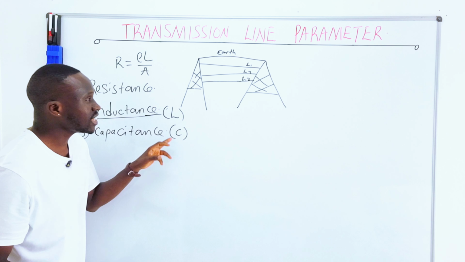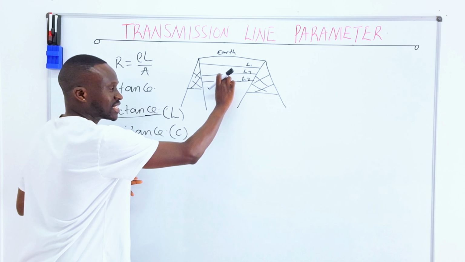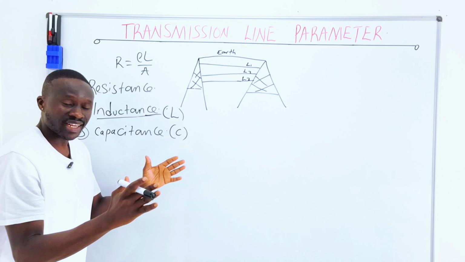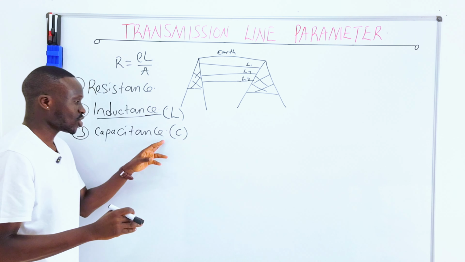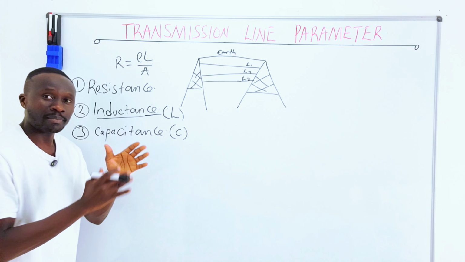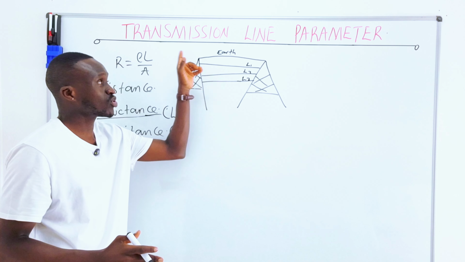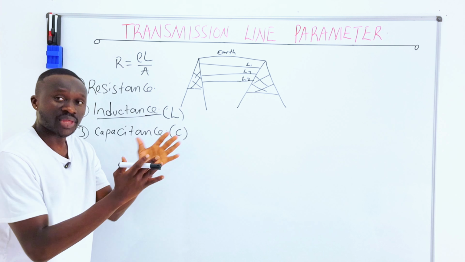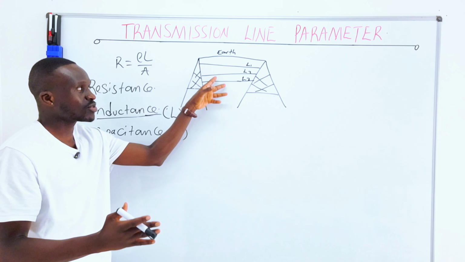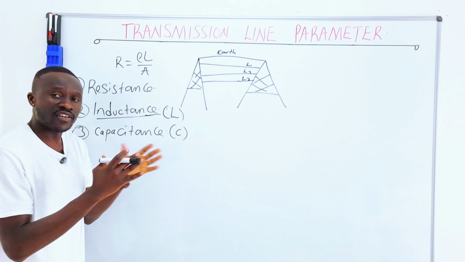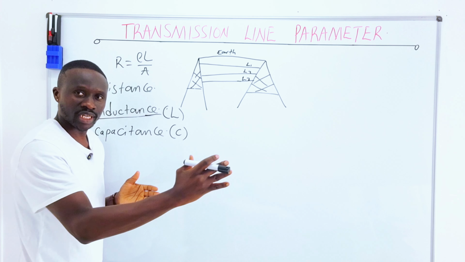Their capacitance will depend on their spacing. One of the factors which determine the capacitance of the conductors on the transmission line is their spacing. Their spacing will have a lot of effect on the capacitance of a conductor.